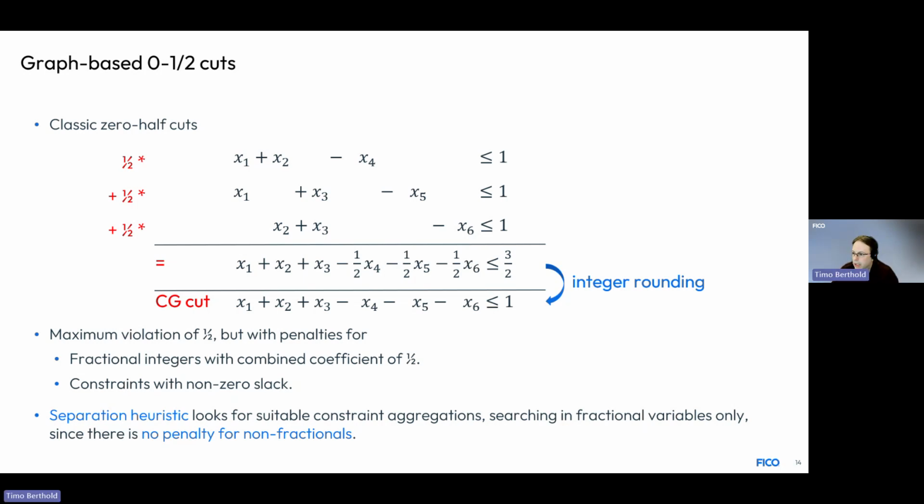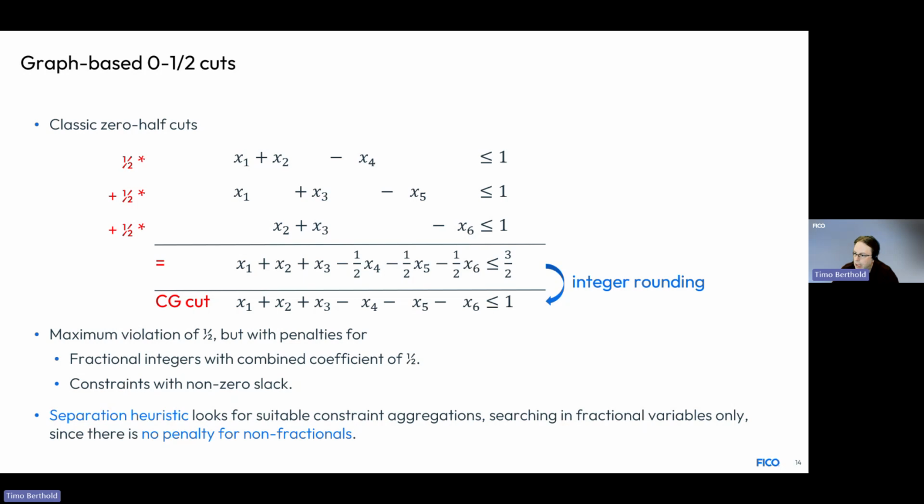Yes, of course, there are a lot of heuristics involved in figuring out which particular constraints to combine to generate such a violated 0-1/2 cut. And the challenge here really is the constraint selection. So which constraints do you want to add together? And the only requirement really is the integrality of the variables and integer coefficients.